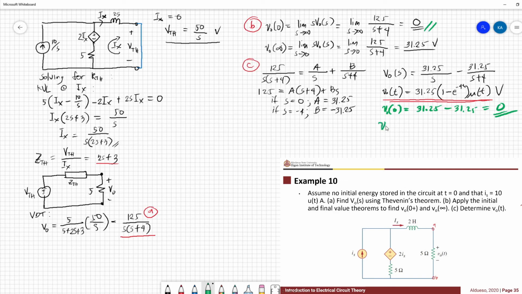If we have Vo of infinity, look at this term right here, e to the negative 4t. If t approaches infinity, this expression becomes 0. So we have 31.25 minus 0, which is 31.25 volts. It's the same as this one.